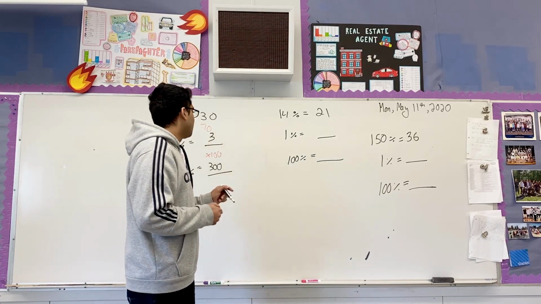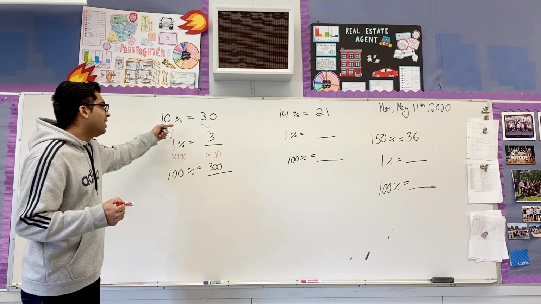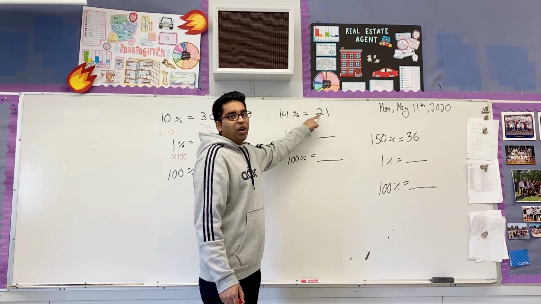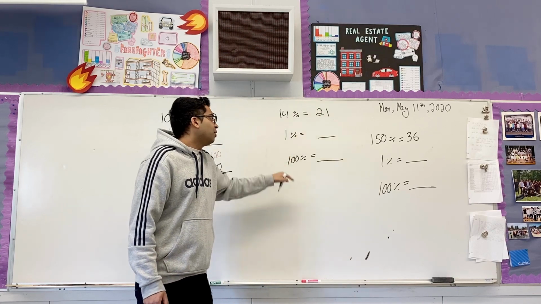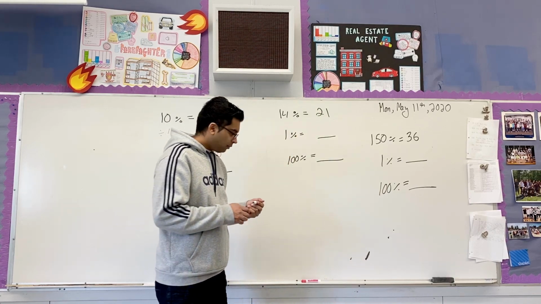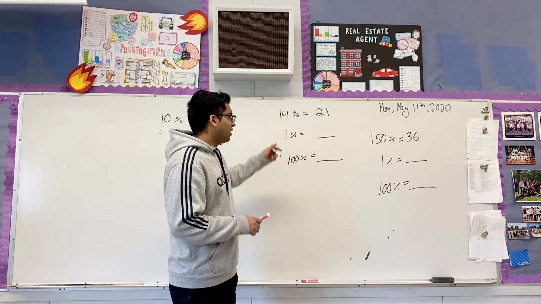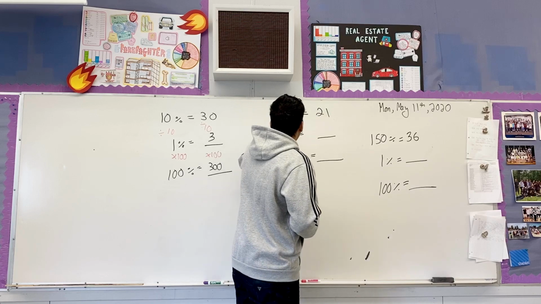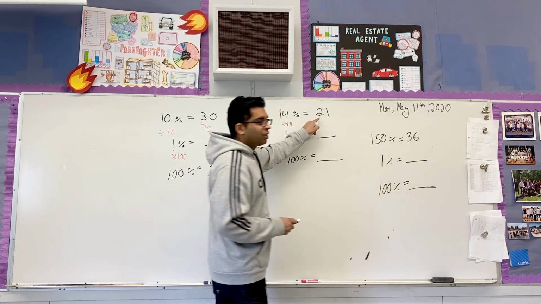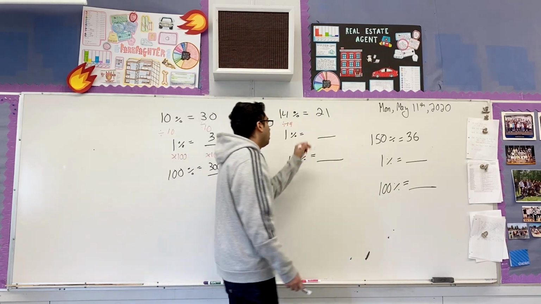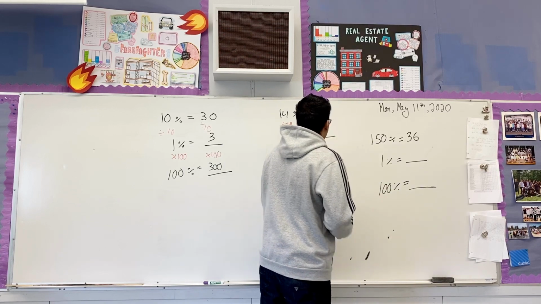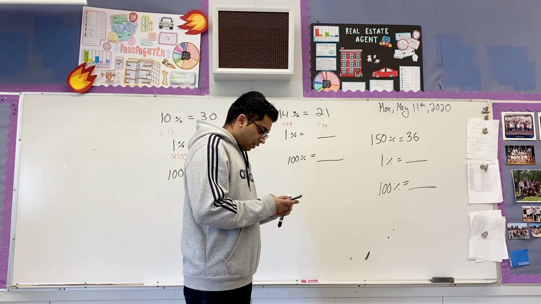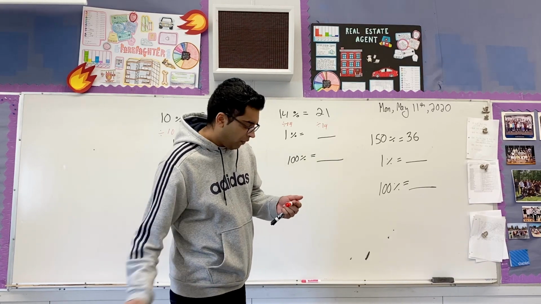What if we have numbers which aren't quite as easy to see as 10, 30 and 300? If 14% of something is 21, what is 100% going to be? We got from 14 down to 1 by dividing by 14, which means we divide 21 by 14 as well. 21 divided by 14 is 1.5.